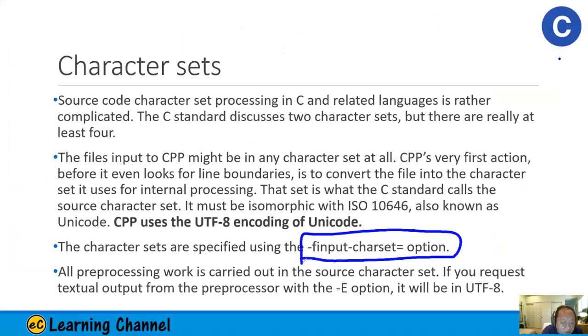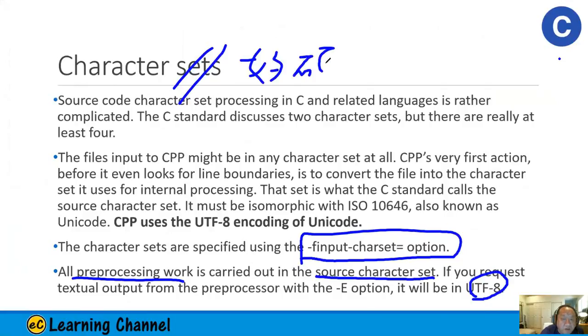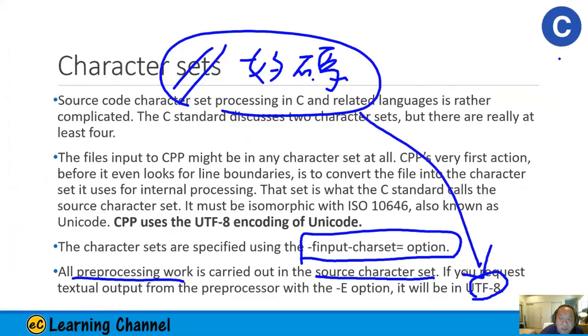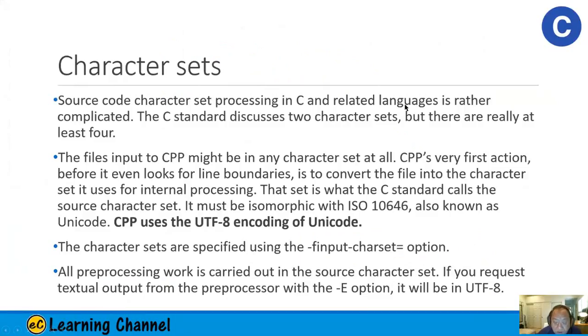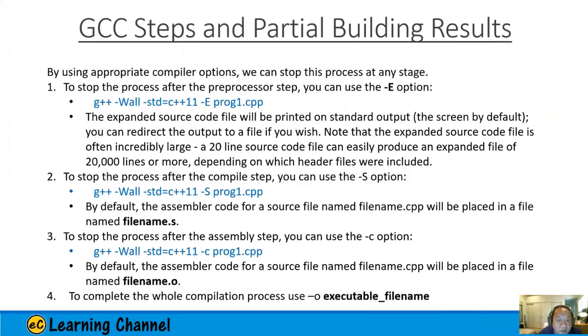All preprocessing work is carried out in the source code character set. If you request the output with -E, it will be in UTF-8. So if somebody writes a comment in Chinese, it will be written in UTF-8 and save the original foreign language. Otherwise, it will be scrambled into English binary format, and that is not good.